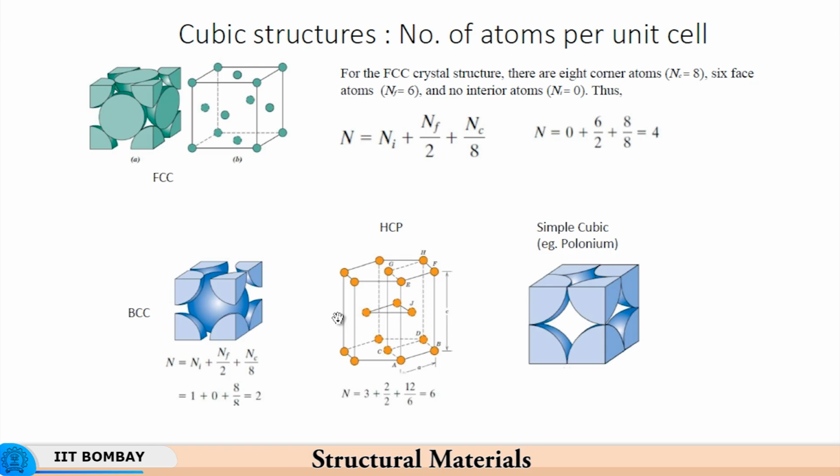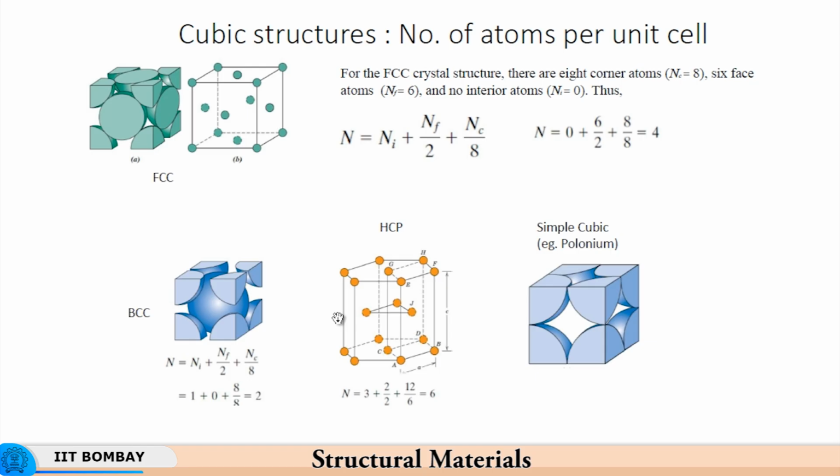So Ni in the case of face centered cubic is 0, there is nothing inside. Then Nf by 2, the face centered: there are 6 faces and 1 atom per face, so 6 divided by 2 becomes 3 atoms. And you have 8 atoms at the corners, and each atom is shared by 8 cells, and therefore you have 1 atom per unit cell.